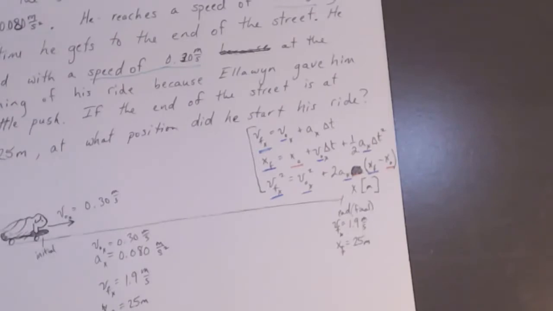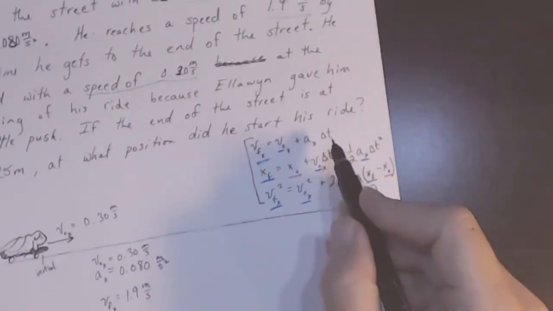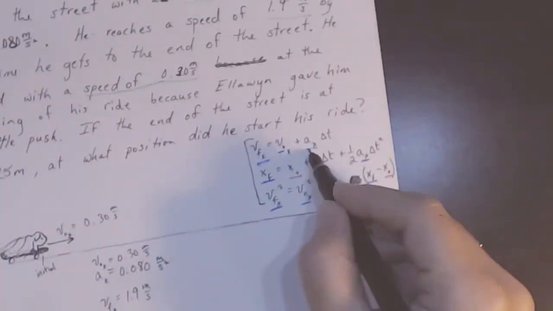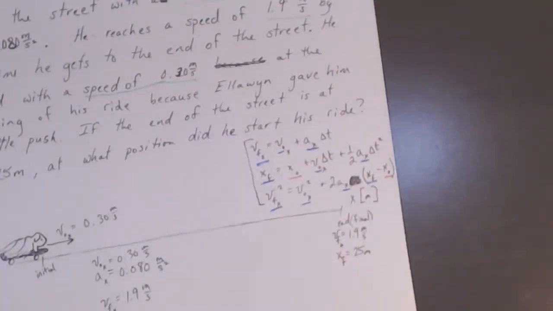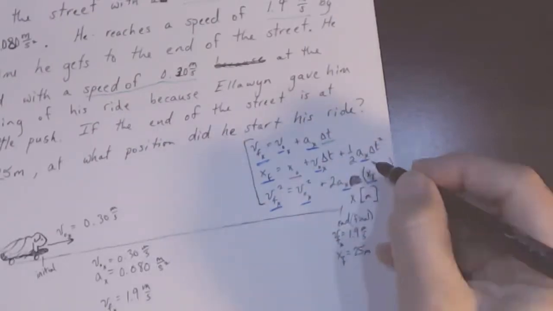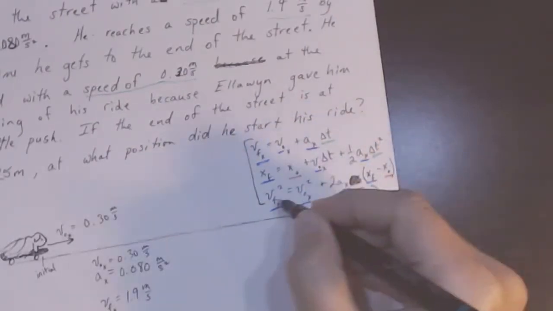All right, what don't I know? I don't know time information. I have no time information. So, I kind of skipped this top one here when I did my acceleration because I already know I'm not going to use it, but I don't know that. I don't know that, but this one has no time in it.